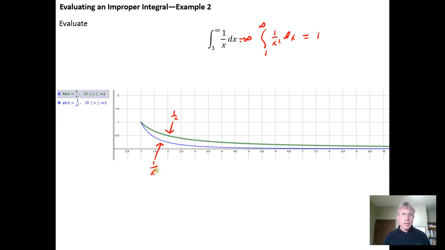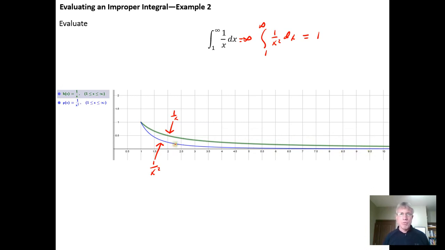A necessary condition for an integral to converge is that the function has to approach the x-axis. It has to approach 0. And whether or not it converges like 1 over x squared does, or diverges like 1 over x did, what's going to determine whether it converges or diverges is the speed at which it approaches the x-axis, or approaches 0.